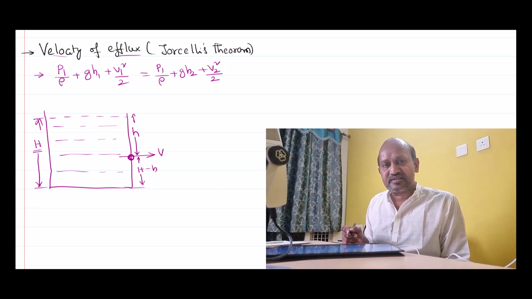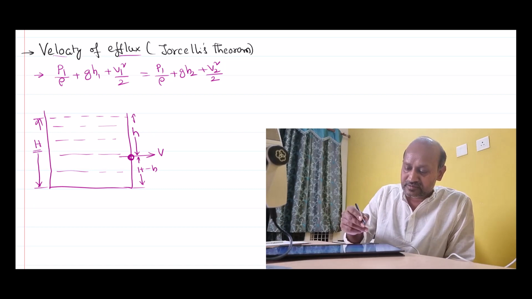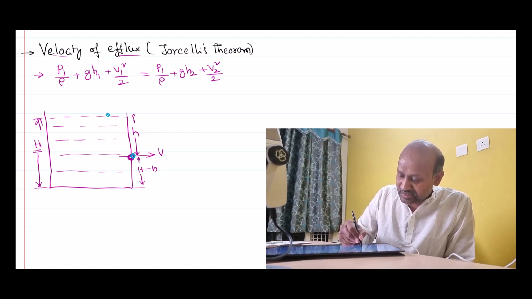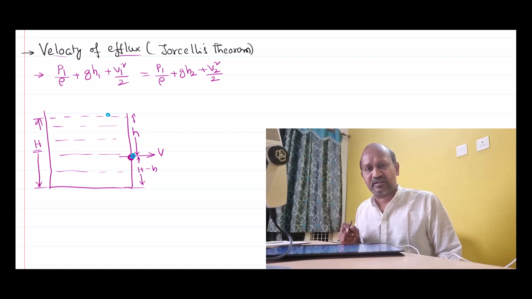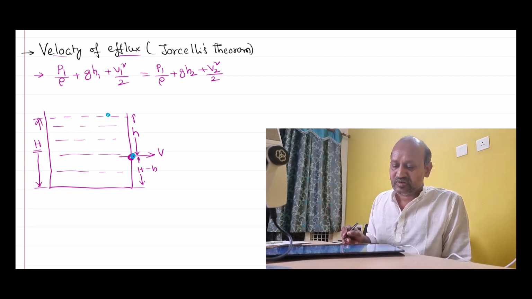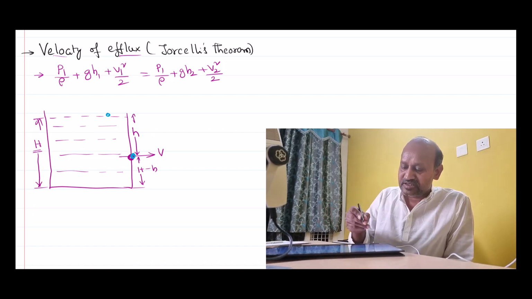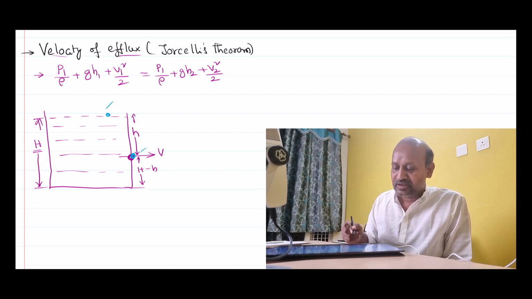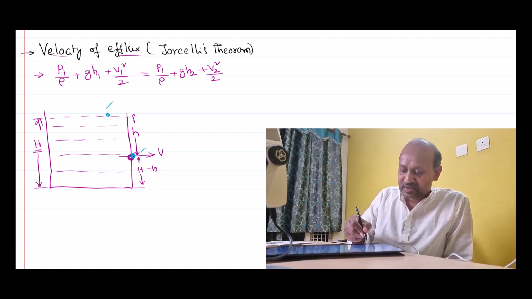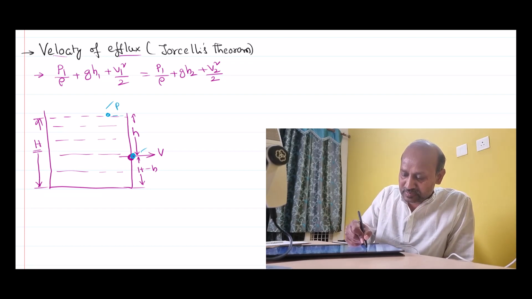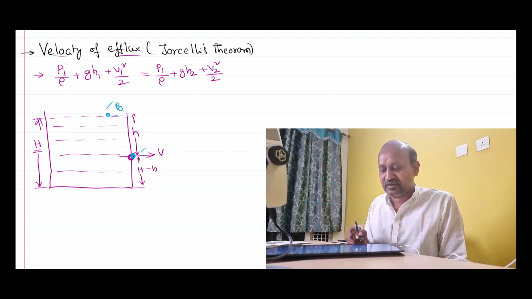So let us consider 2 points in our journey. One point is here. Another point is at the exit of that liquid, the opening point. I need to apply Bernoulli's theorem at these 2 points. If you call this point one, this is another point. Between these 2 points, I would like to apply Bernoulli's theorem. Because this is open to atmosphere, here the pressure is P naught.